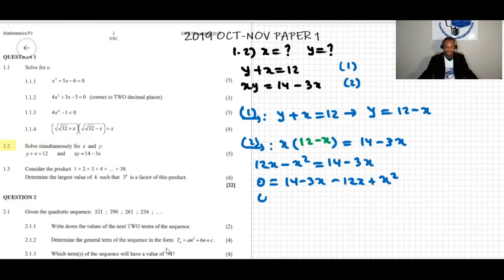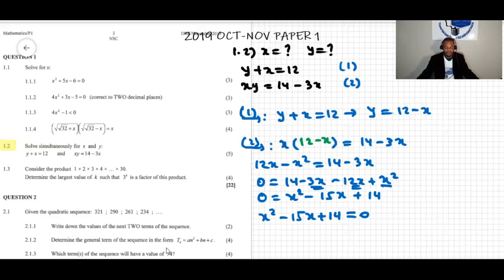And we can simplify by combining like terms. The terms with x squared, we only have 1, so we have x squared. And terms with x, we have negative 3x and negative 12x, that makes negative 15x, and then plus 14. Okay, so we have x squared minus 15x plus 14 equal to 0.